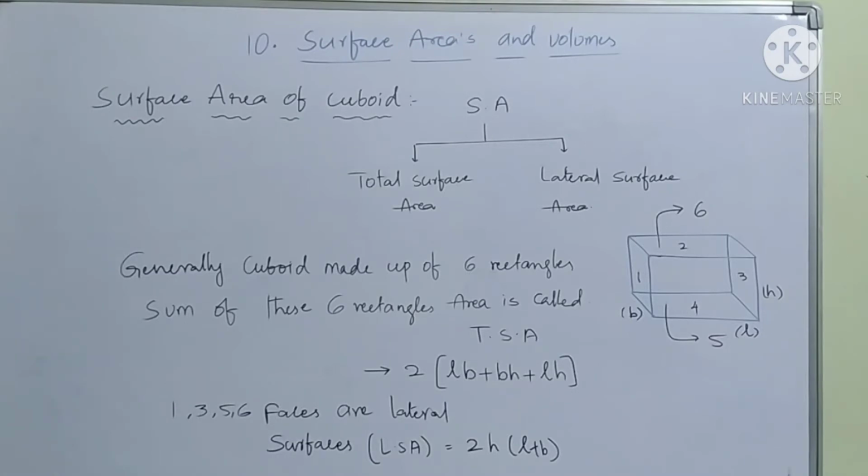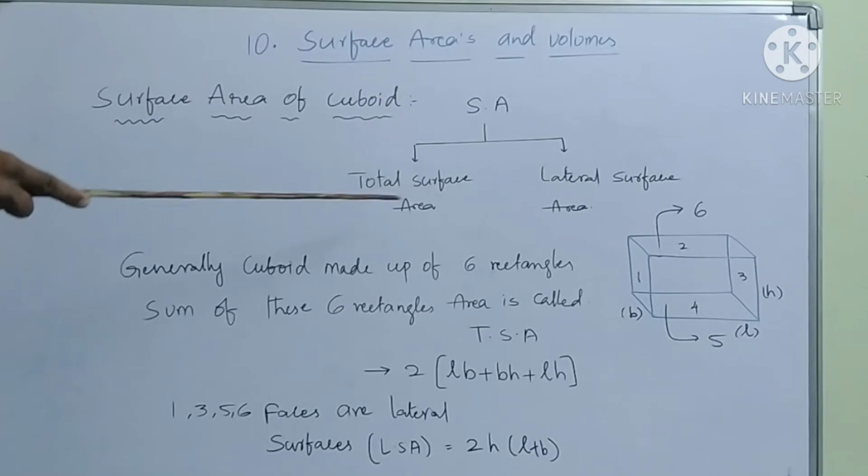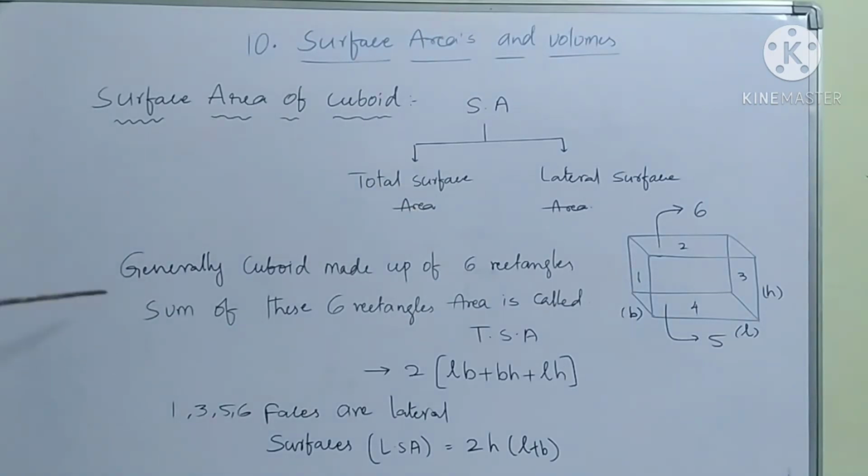Once again I repeat, surface area is classified into two types. First one total surface area and next one lateral surface area. Generally a cuboid is made up of 6 faces. These 6 faces, 6 rectangles' area is called total surface area. So total surface area formula is 2 into LB plus BH plus LH.